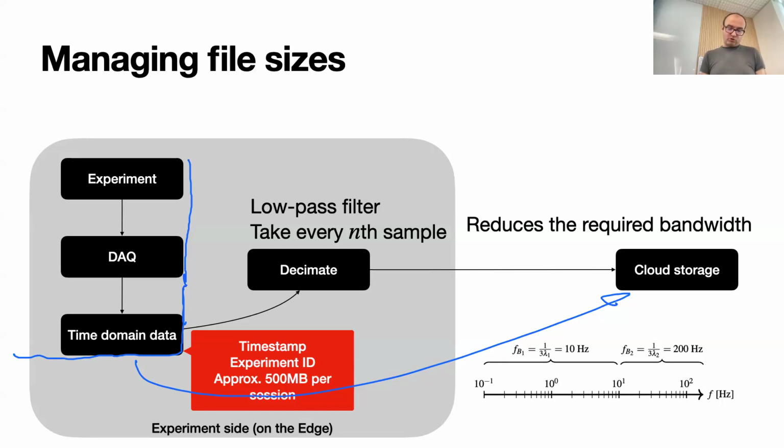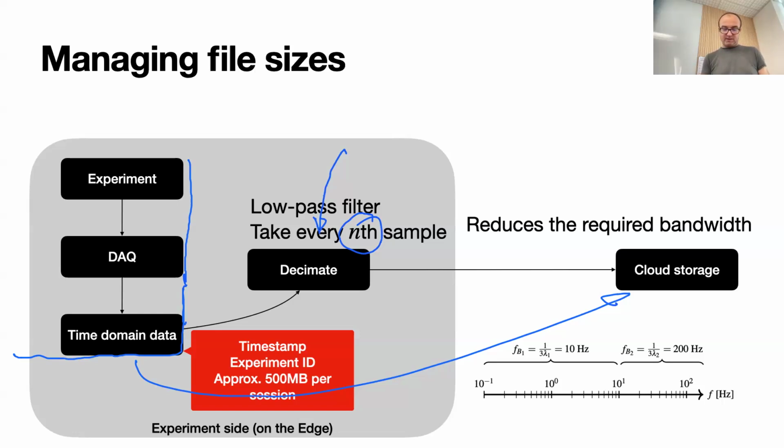So in the course of the next weeks or months, we will add this trick here that will take only every n samples, and this will dramatically reduce the file sizes while not compromising the quality of the data. This will make the processing faster, storage of the files easier, everything will become much easier.